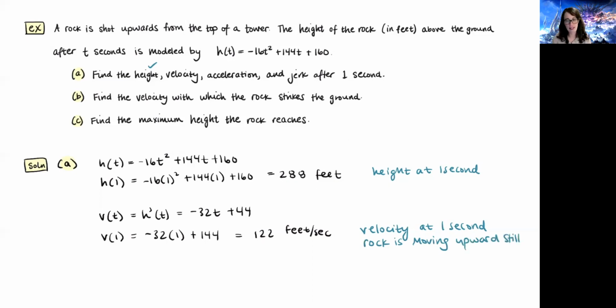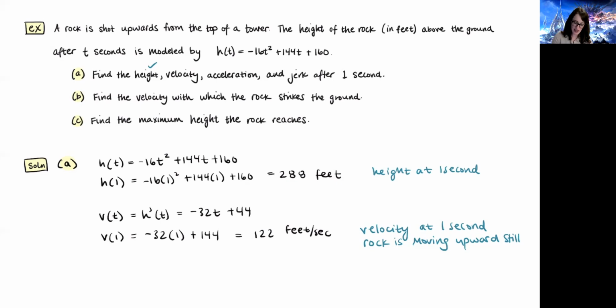Right, there's another point in time where the rock will reach 288 feet again, because it's going to go up and then come down. So it's at 288 maybe here, it goes up further, and then over here it's at 288 feet, but that will have a negative velocity because it'll be going downward.